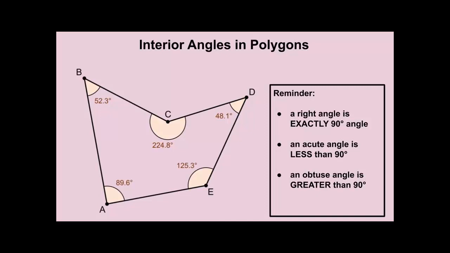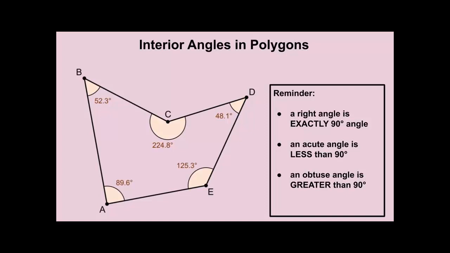When you look at this figure, all of the degrees for the various angles have been written for you. You can see there are no right angles in this polygon. There's one that's very close, and it's labeled vertex A. But it is less than 90 degrees, so it is an acute angle.